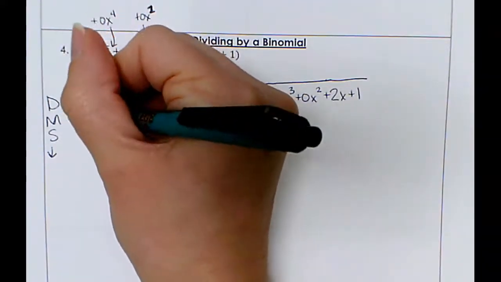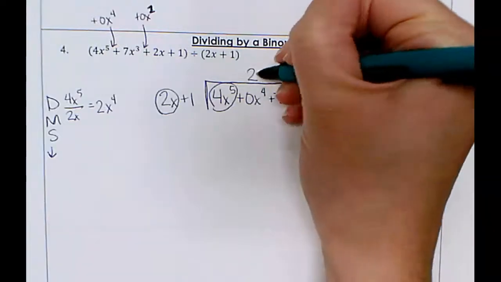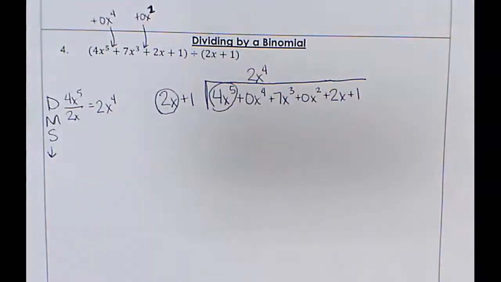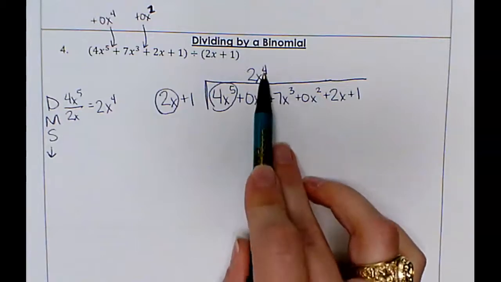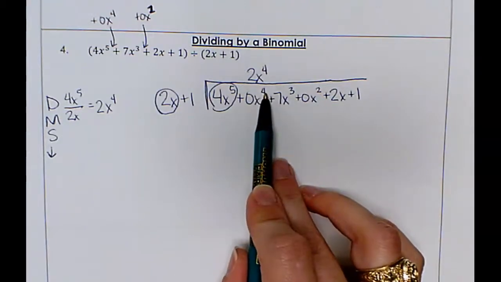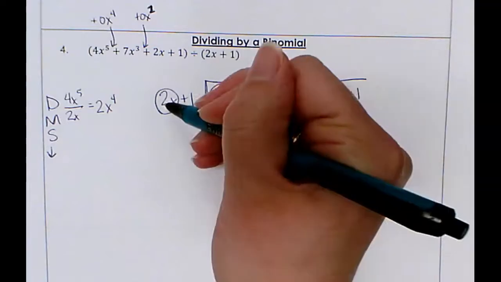X to the 5th power divided by x is x to the 4th power, so I'll write that on top. Notice how if we would have skipped this term and gone right to this, we wouldn't have had a lined up exponent. So now I multiply 2x to the 4th times 2x.